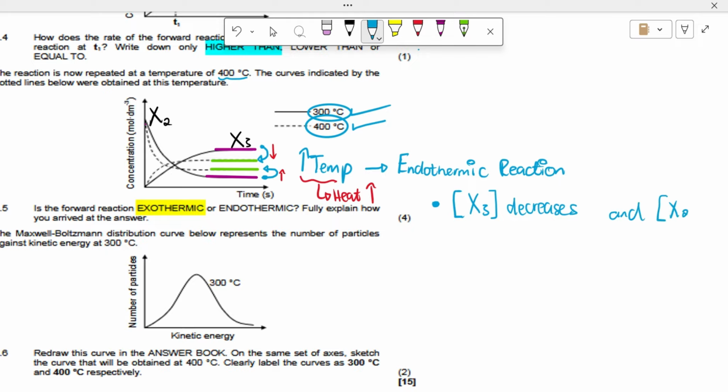And the concentration of X2 increases. The concentration of X3 decreases and the concentration of X2 increases, right? What does that mean? As a result, thus, that tells me that the only way that's true is if and only if the reverse reaction is favored.